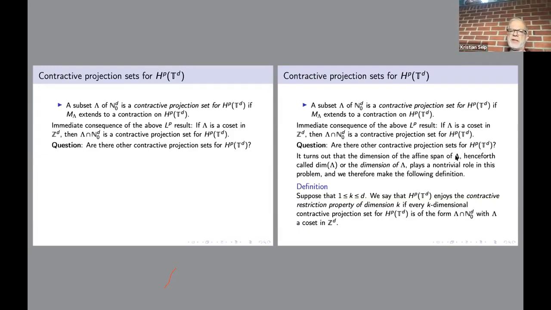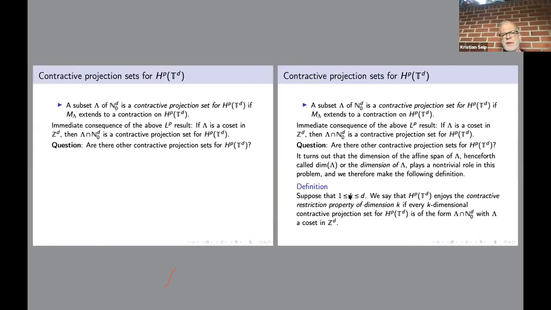So we call that the dimension of the set of frequencies, Lambda, and it plays a non-trivial role. So I have to make a somewhat more complicated definition here.